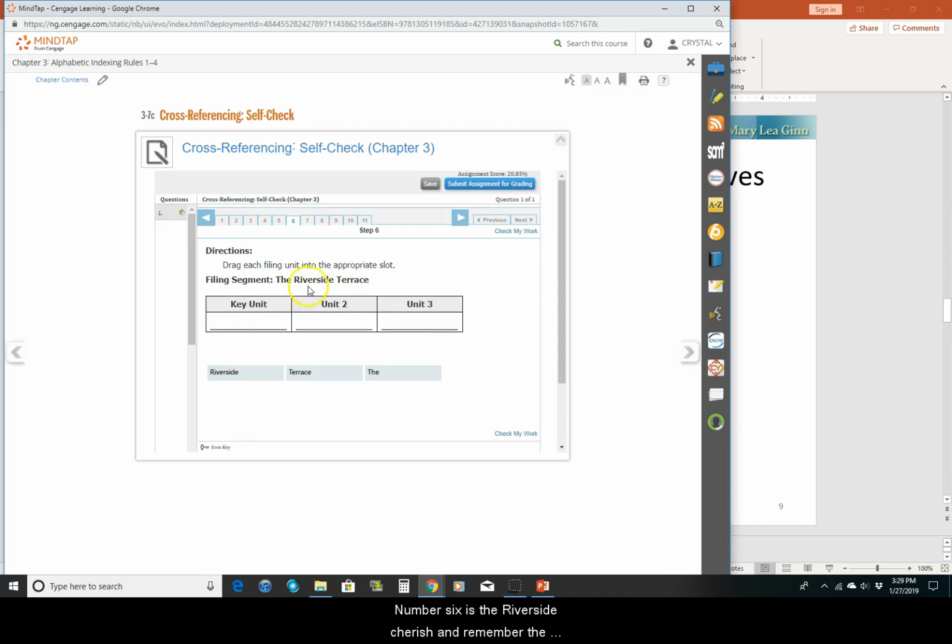Number 6 is the Riverside Terrace. Now remember, the goes at the end whenever it's a part of the filing segment, or it's the first word in the filing segment. So we move it to the end, Riverside Terrace, the.